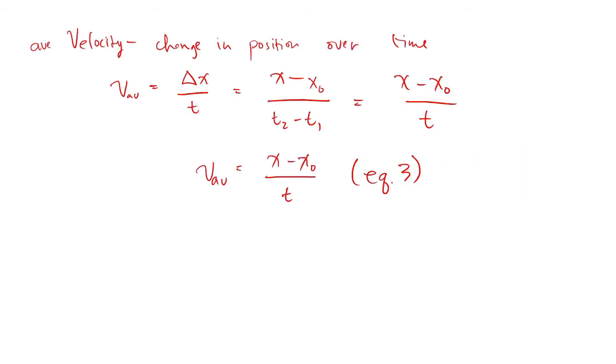So we have here our equation 3. We have here our average velocity. It is the change in position over time. So basically, it is displacement over time. Again, x is the final position, x naught, or x sub 0, is our initial position, and time is the period, or the time elapsed for the movement, and v sub av is our average velocity.